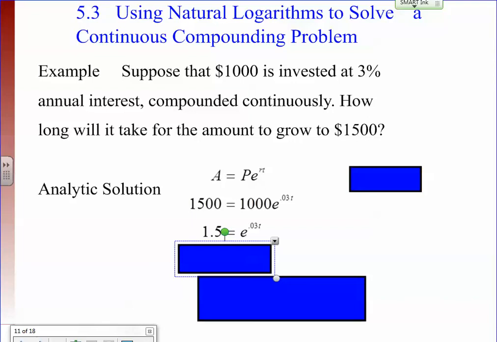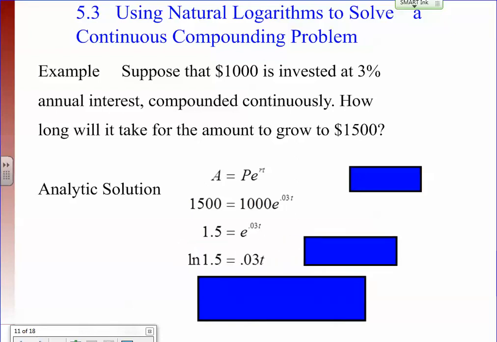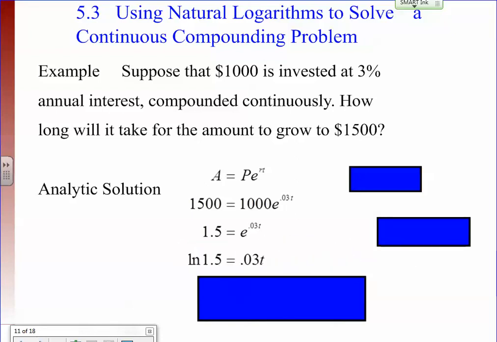To figure out what this is, if we want to get rid of this e, we have to use those logarithmic properties. If we take the natural log of both sides of this, on the right side we're just going to get the exponent here, 0.03t. And on the left side, we're going to get the natural log of 1.5.